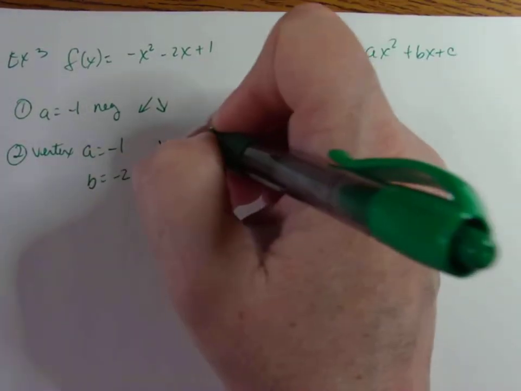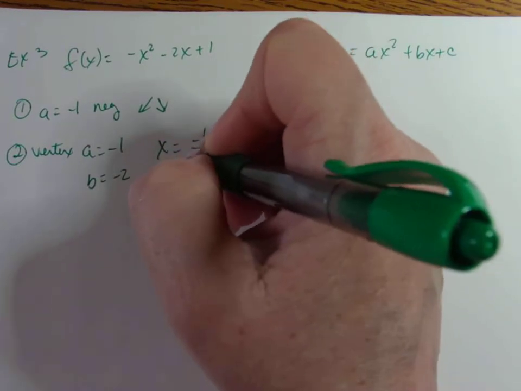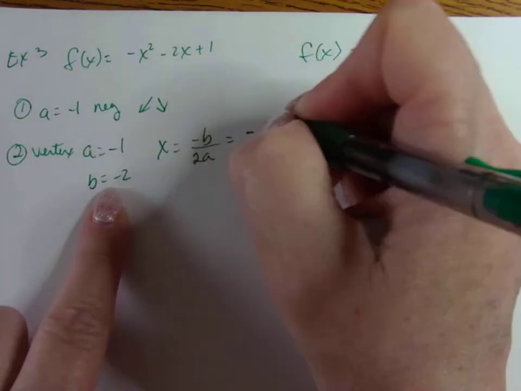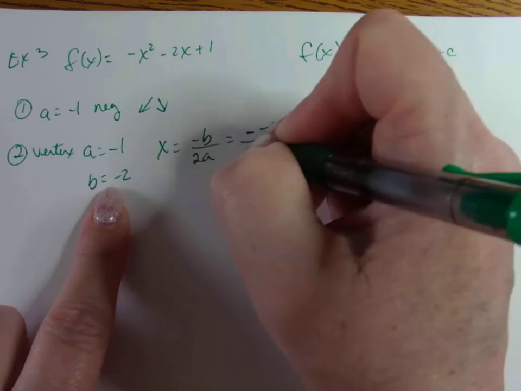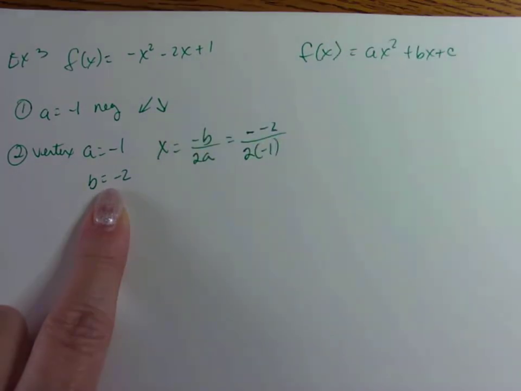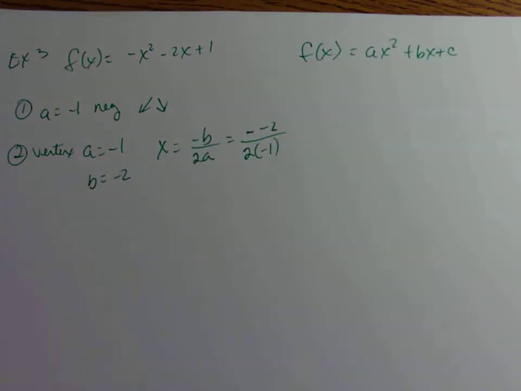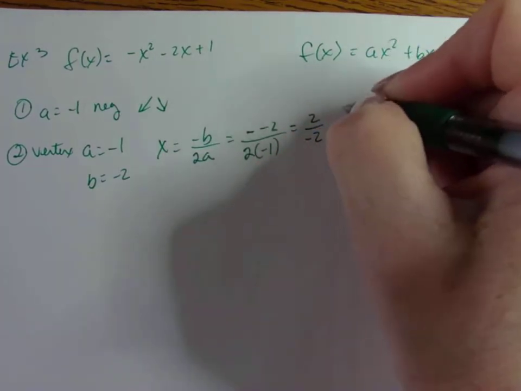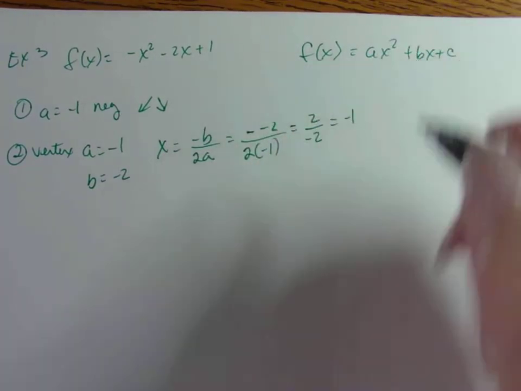So the x will be found by taking -b over 2a, which will be -(-2) over 2 times -1. So make sure you bring all of your negative signs. This will get us 2 over -2, which will be equal to -1.